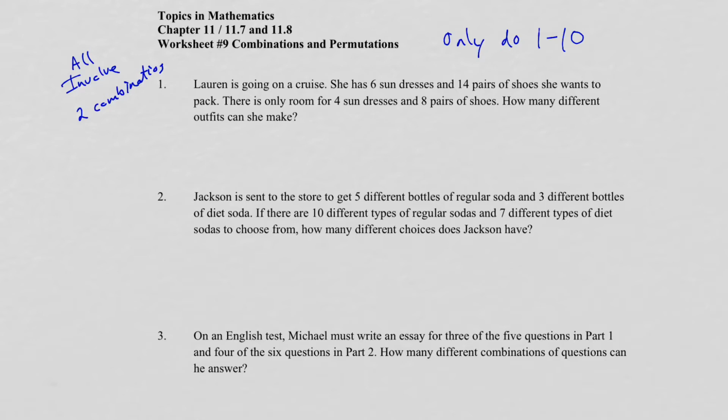So she can only pick 4 dresses, right? Out of how many dresses? She's picking 4 out of 6. She's not picking all 6. She's picking 4 out of 6, and the order does not matter what she picks.